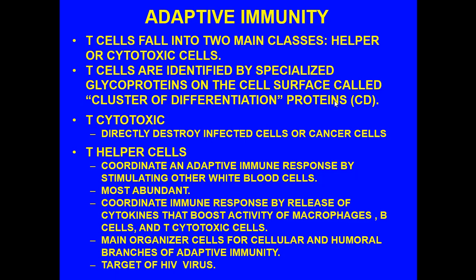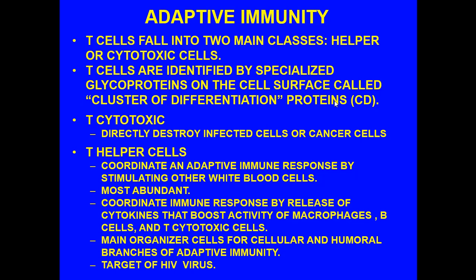We're going to go a little bit more into T cytotoxic in a few minutes, but right off the bat, T cytotoxics directly destroy infected cells or cancer cells, in other words, tumor cells. T helper cells will coordinate an adaptive immune response by stimulating other white blood cells. T helpers really get things organized in the battle.